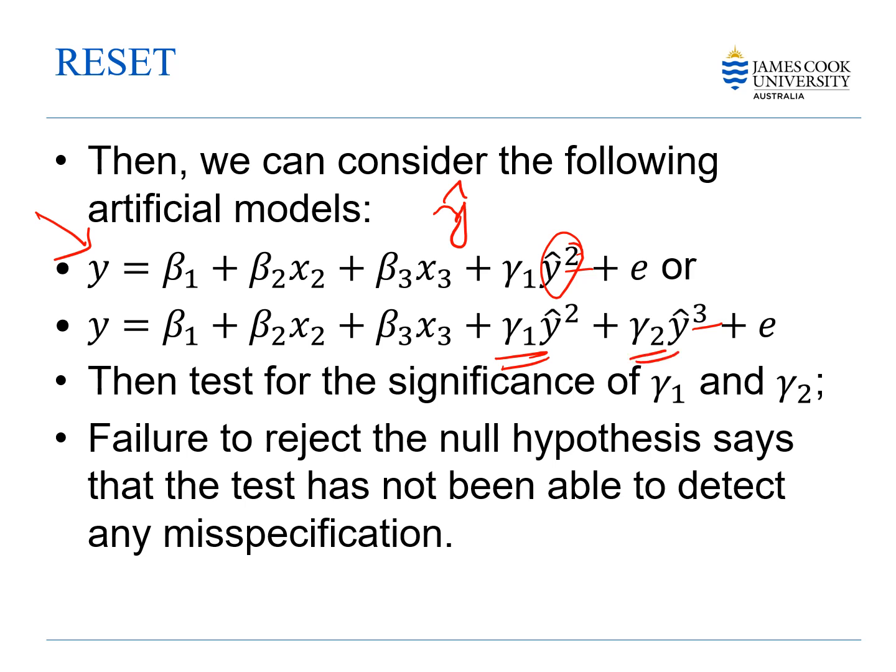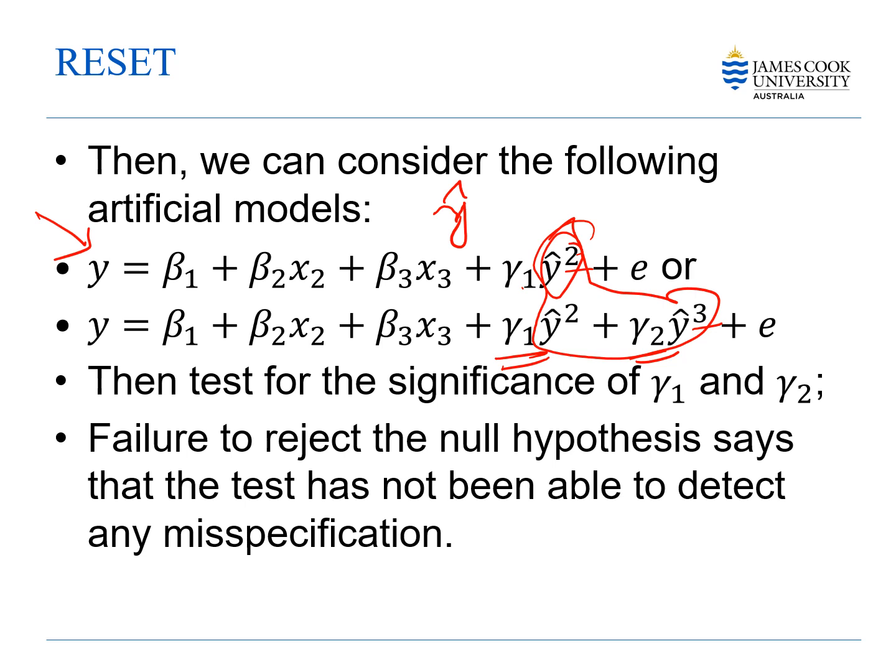So if our model is misspecified or we choose a wrong functional form, this should be picked up by our higher order polynomial of y hat. So gamma 1, gamma 2 should not be 0 jointly.